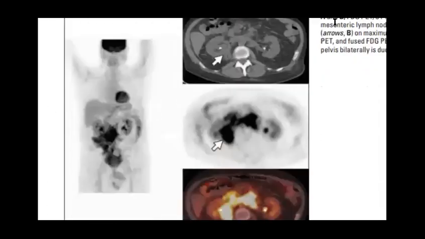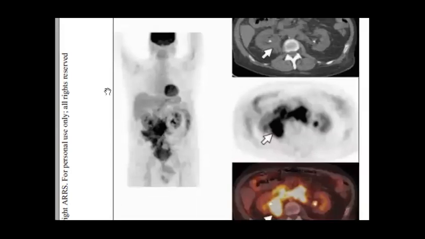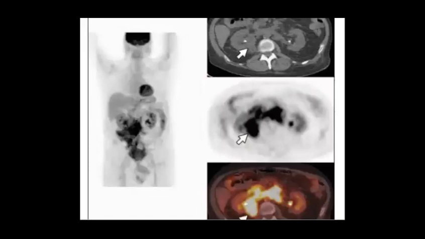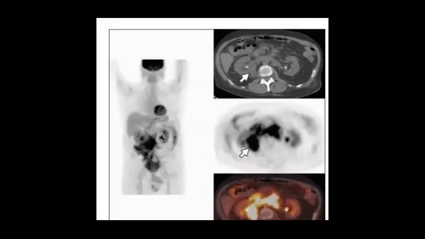Okay, let's have this one and finish with it. So this patient has a history of something called myeloid sarcoma. So how do you describe it?